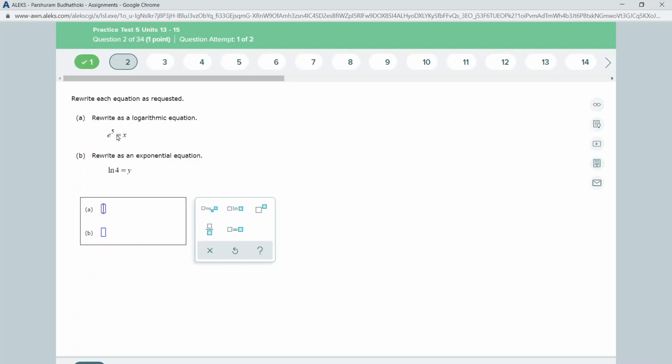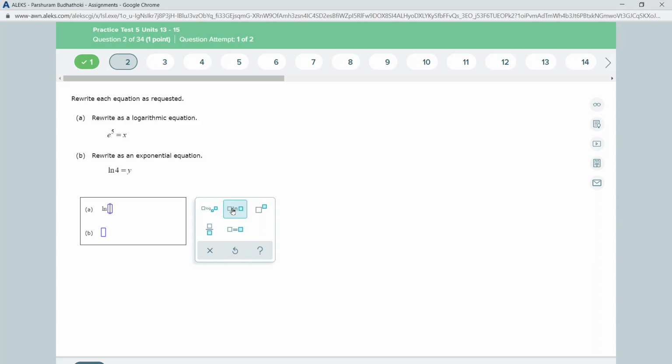One more time, change it to the logarithmic form, e to the power 5x. Since you know that the base is e and the exponent is 5 and x is x, if you want to rewrite this in logarithmic form, you can write it as ln, because log base e means ln.